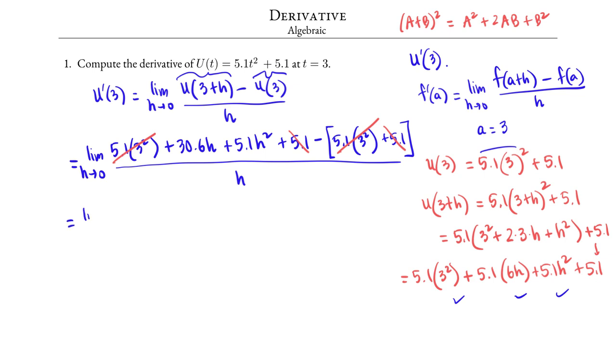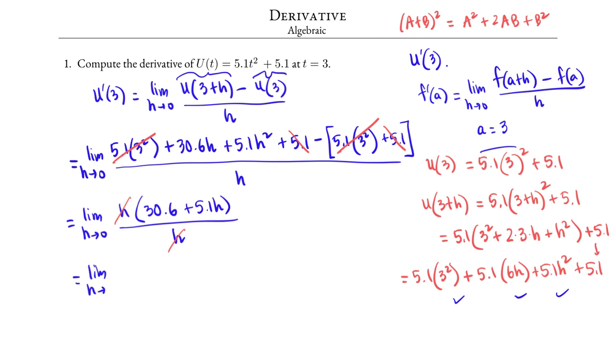And then the limit as h goes to 0. In the numerator, we only factor out h. Inside of this is now 30.6 plus 5.1h, and then in the denominator, we still have h. If we do this correctly, we should be able to cancel out the factor h on top and bottom.